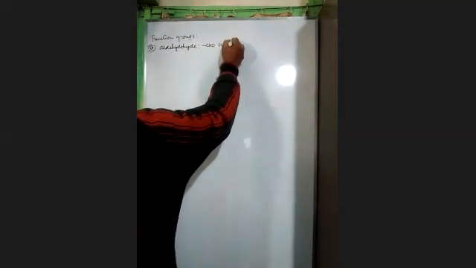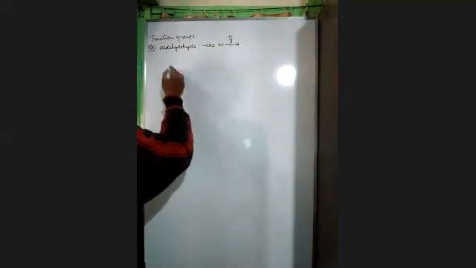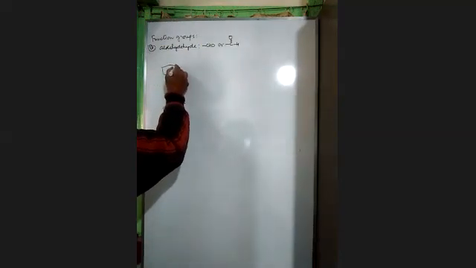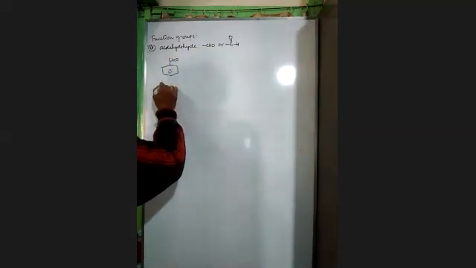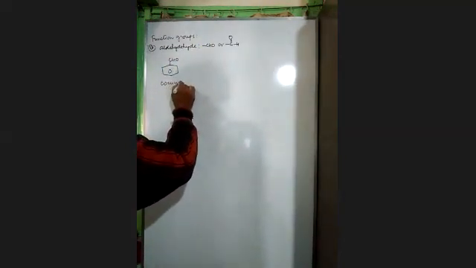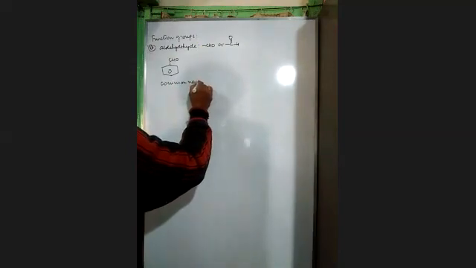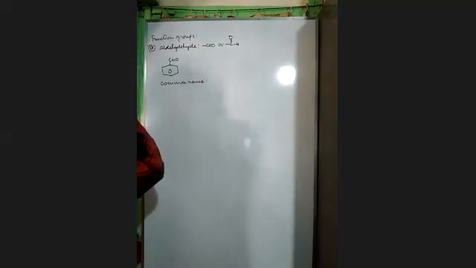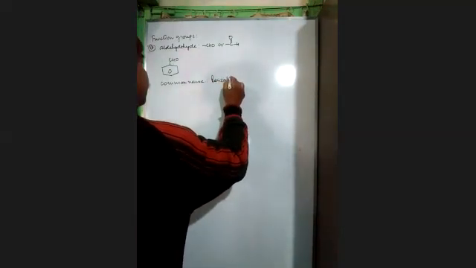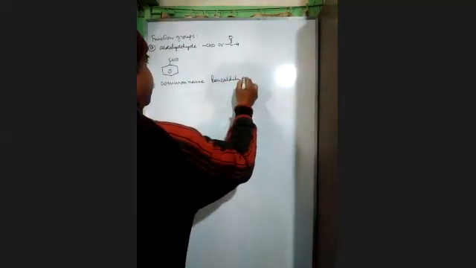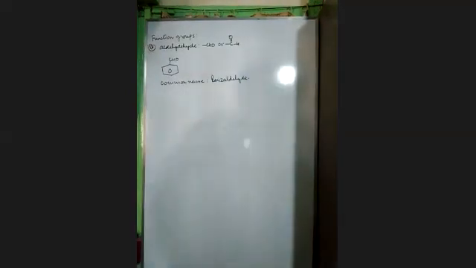His common name is benzaldehyde. But do you know, I already taught you. See, in this case, the CHO group is outside the main chain.